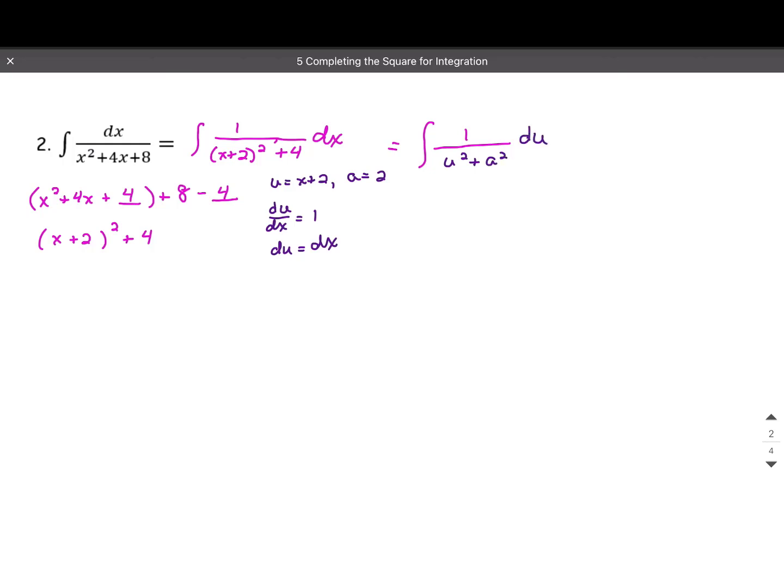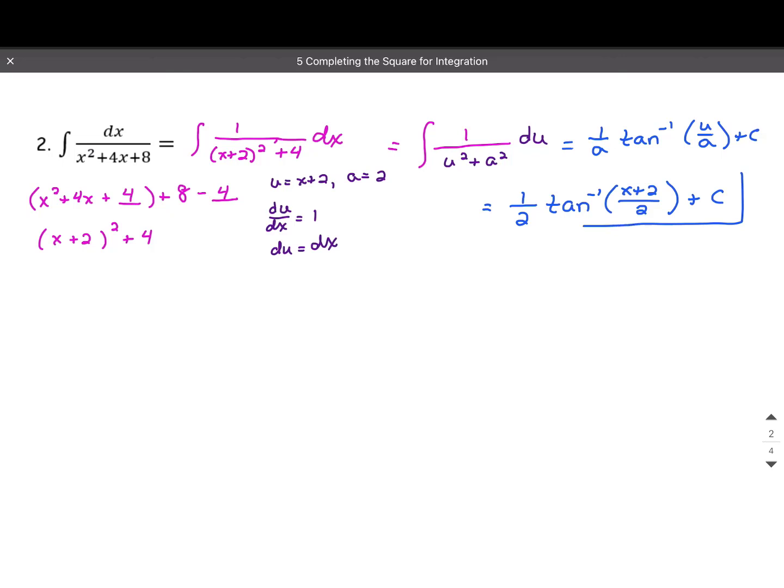Now if I integrate this, that's again in that arctan form. So that's 1 over a tan inverse of u over a plus c. So that becomes 1 over 2, tan inverse, my u is x plus 2, over my a is 2, plus c. There we go. Another one done.